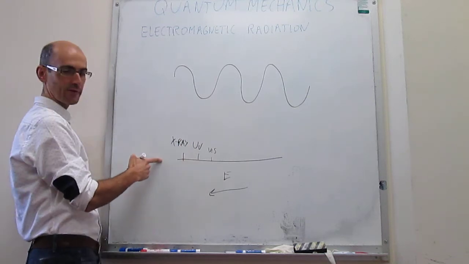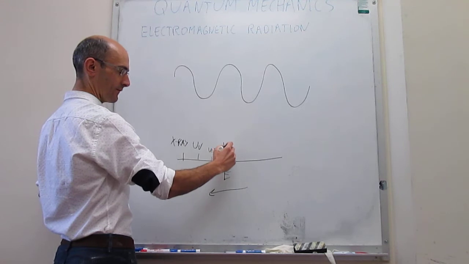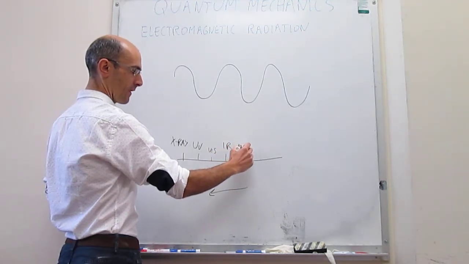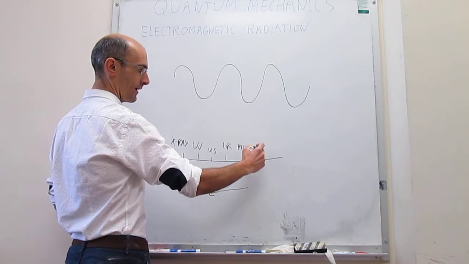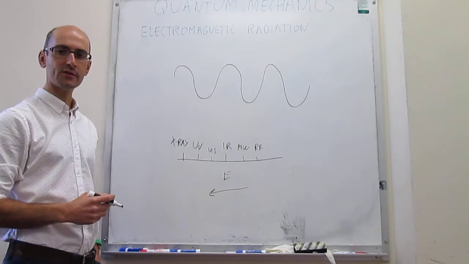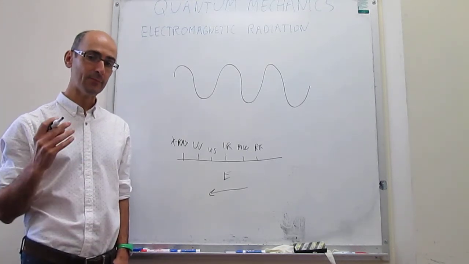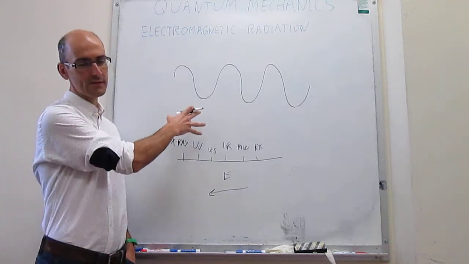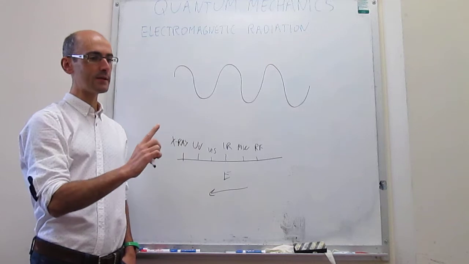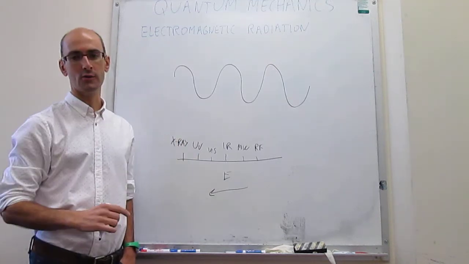And there's other types of even more energetic radiation right here, but then less energetic than visible, you will have infrared, then microwave, and then radio frequencies. So this is a good cross-section of all of the types of electromagnetic radiation that you can have. All of them, again, have this characteristic of being an oscillating electric field propagating through space with a perpendicular magnetic field also going through space.